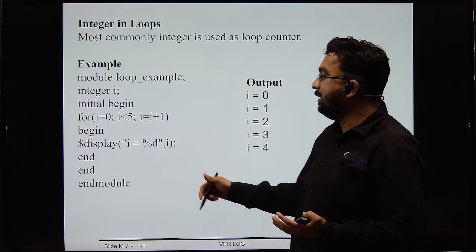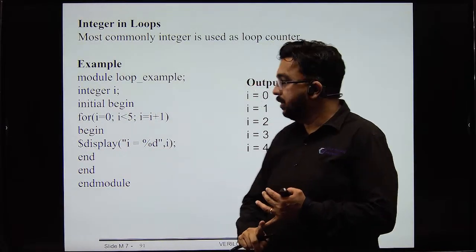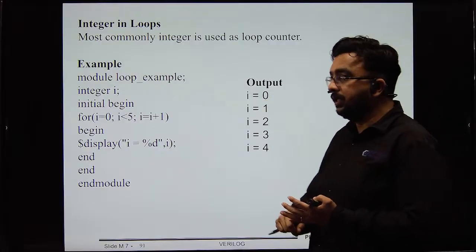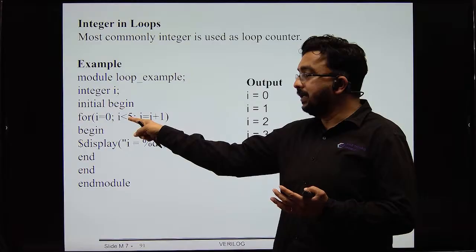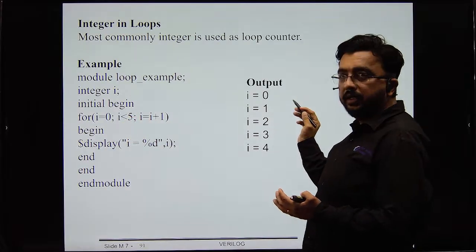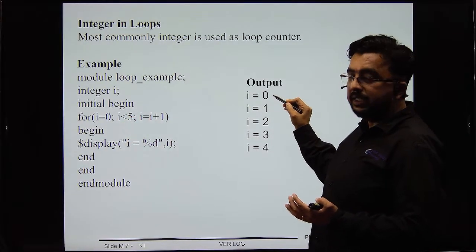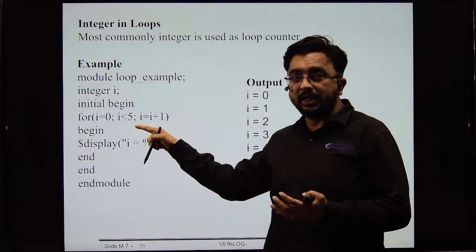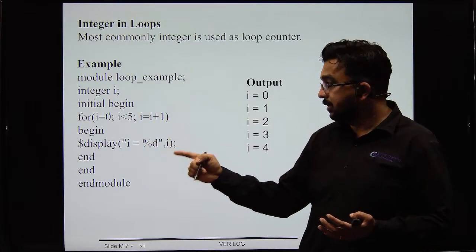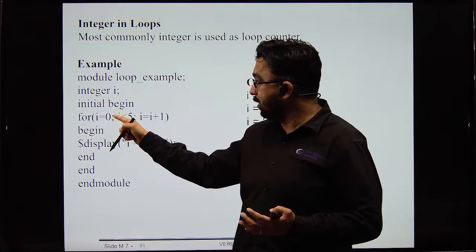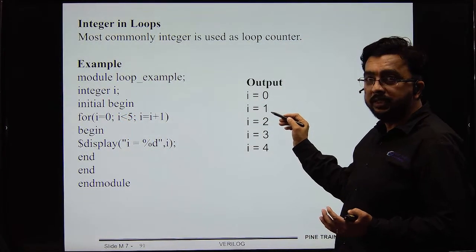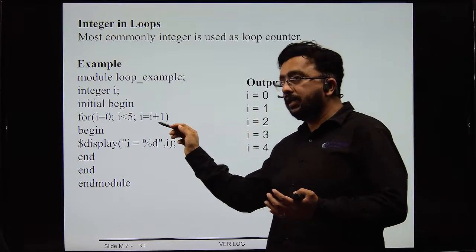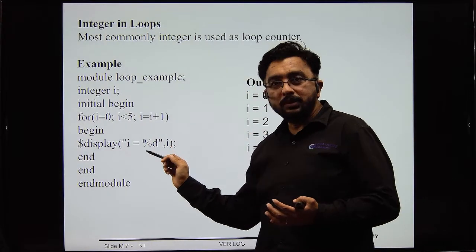So i starts with 0, the output is 0. Then it checks the condition, yes it is less than 5. Then your output is read, and then incrementation happens, that is i plus 1. Then again i is equal to 1, yes i is less than 5, output is read, and then incrementation, 1 plus 1 is 2.